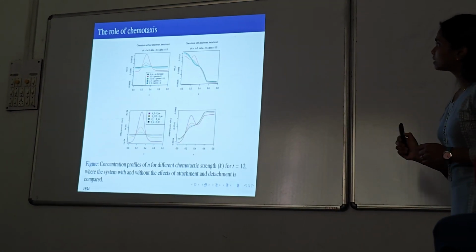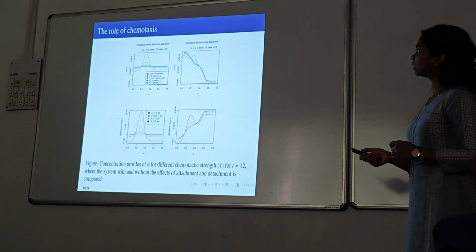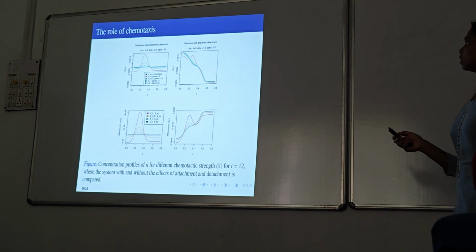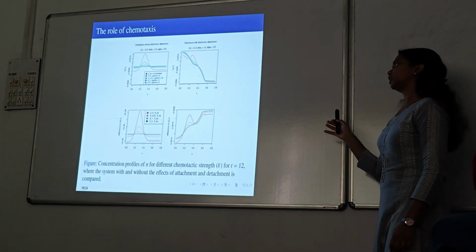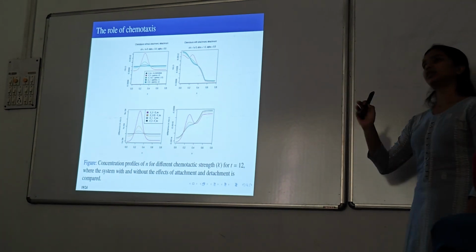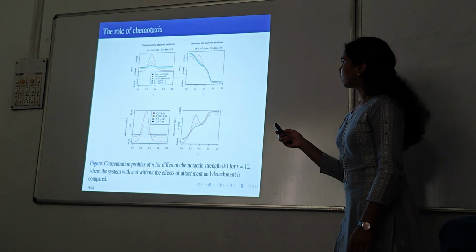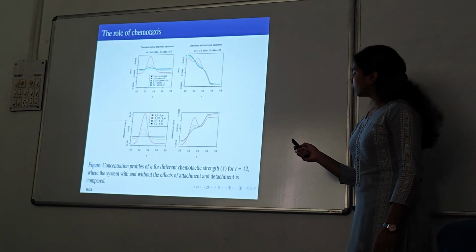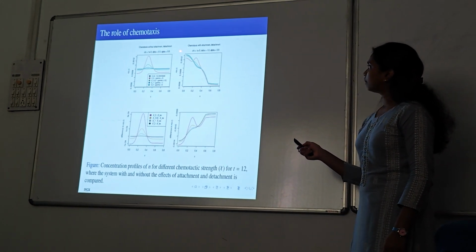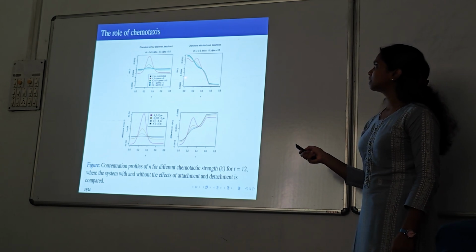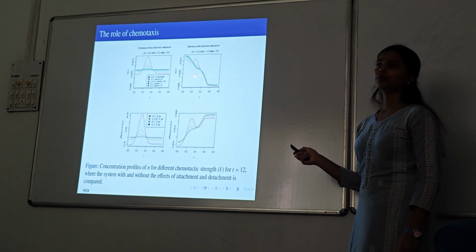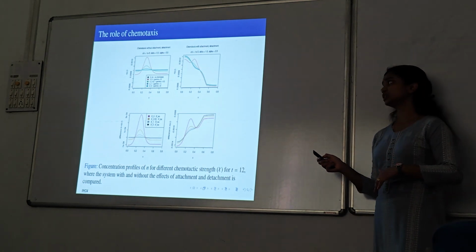Next is chemotaxis with attachment and without attachment. We have seen those base case simulations, and those where we introduce chemotaxis, attachment, and detachment. For attachment and detachment, we see the maximum concentration is achieved at the left side of the boundary where the carbon is decreasing.